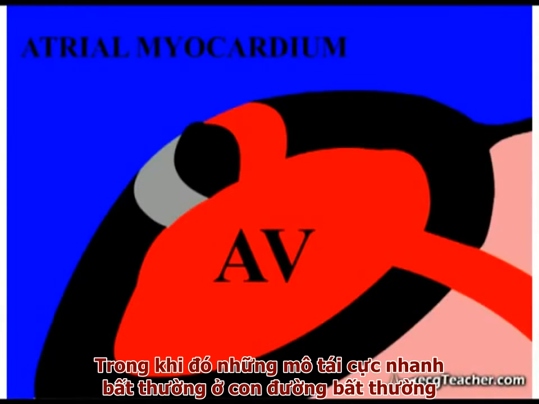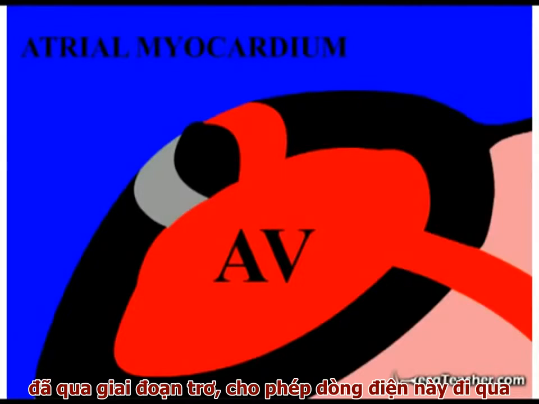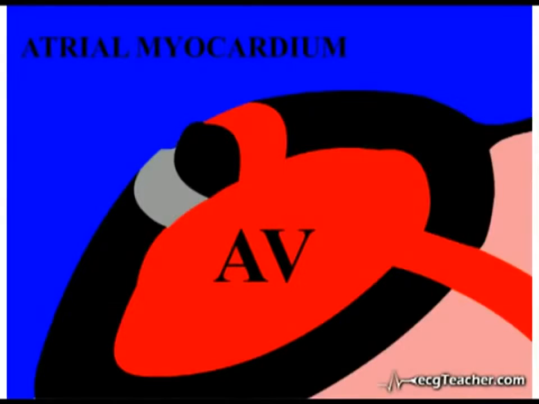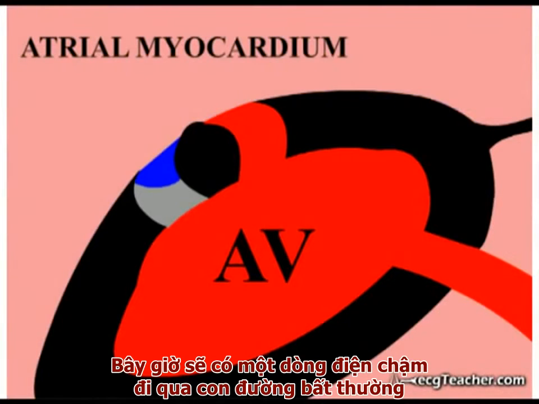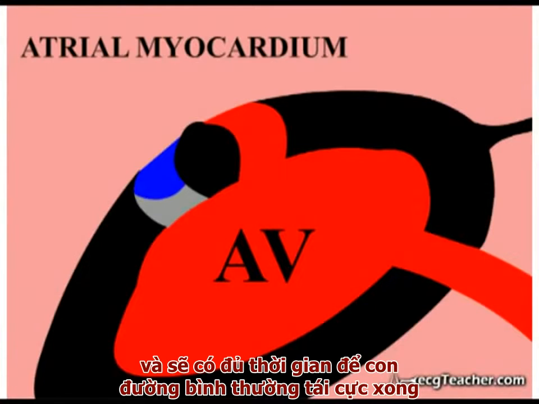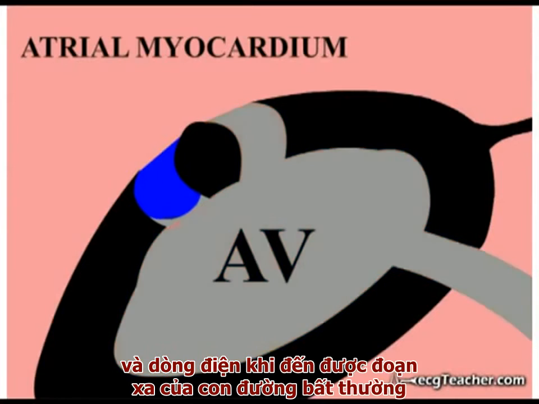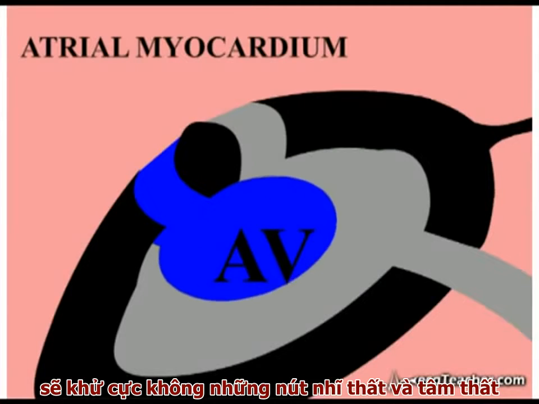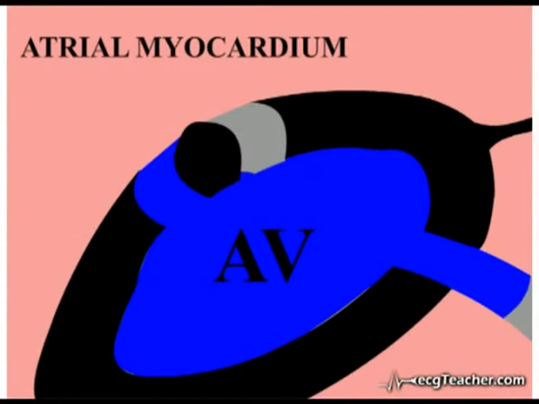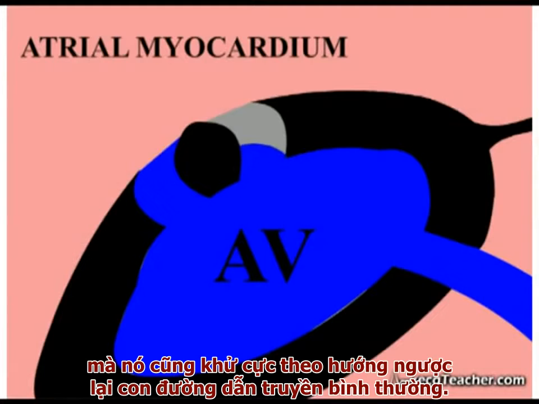The abnormally rapidly repolarizing tissue of the diseased section, however, permits current to pass. Now, the slow passage of current through the abnormal section allows enough time for the normal tract to repolarize, and current arriving at the distal end of the abnormal tract is propagated not only into the AV node and into the ventricles, but also in a retrograde direction by the normal conducting strand.